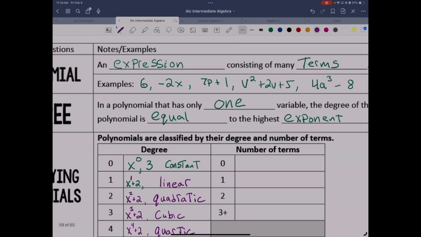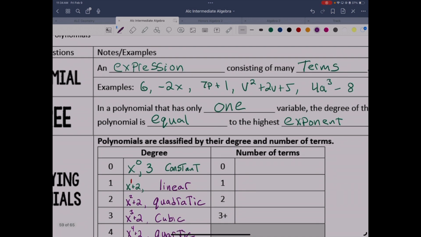So if we go up to our examples above, and we just want to name it by its degree, this one is just a number. Anytime it's a number, we call it a constant. The second one, negative 2x, there's understood to be a 1 there, so this one we would say is linear.